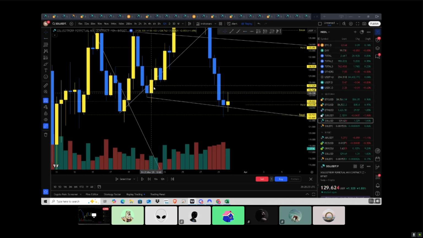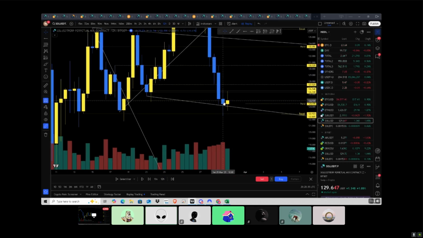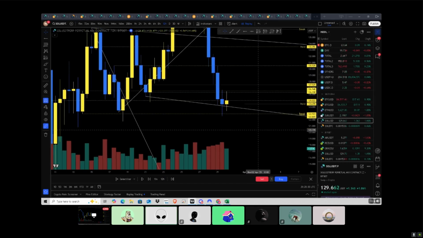So that's your front side, back side of the range. So you long that, you take it back up to there. That might have just been your trade that day. It's only $4, but $4 at whatever leverage, and you'll be making money.